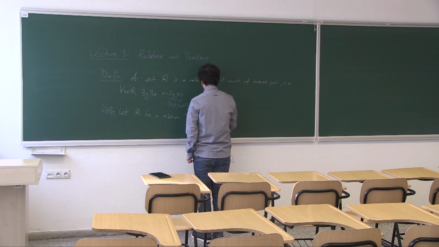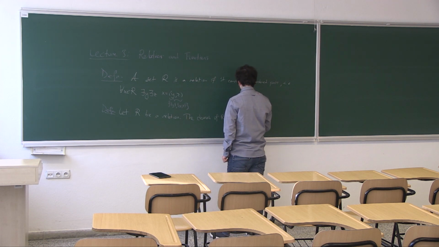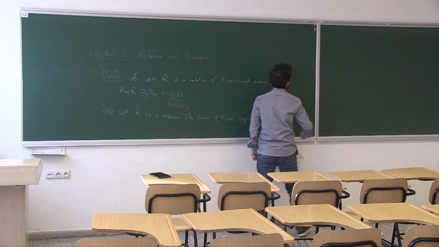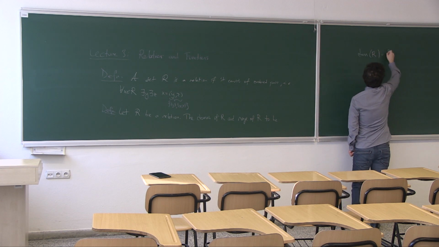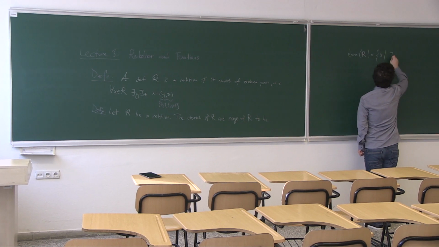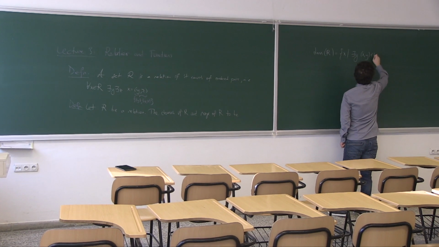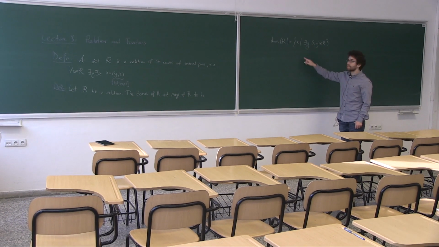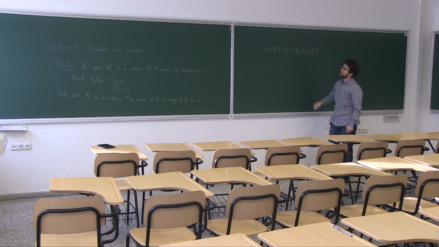We define its domain and range to be the following sets. The domain of R is the set of all x such that there exists some y such that the ordered pair (x, y) belongs to R.